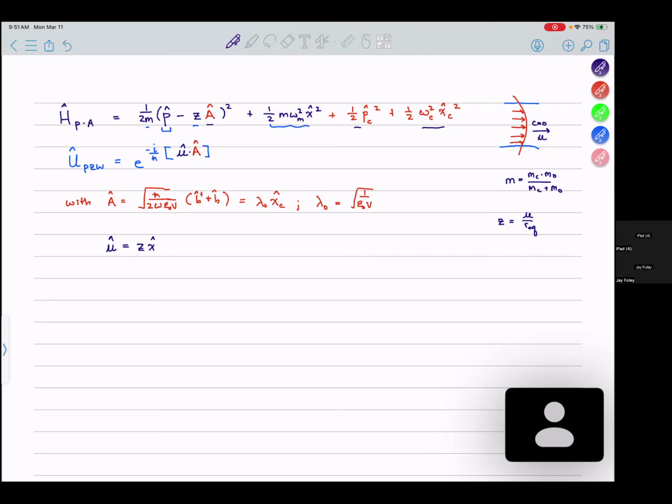Okay, so now what I'm going to do is apply this transformation shown here. So this is the so-called PZW transformation. And importantly, this transformation is going to act on matter operators and photon operators.